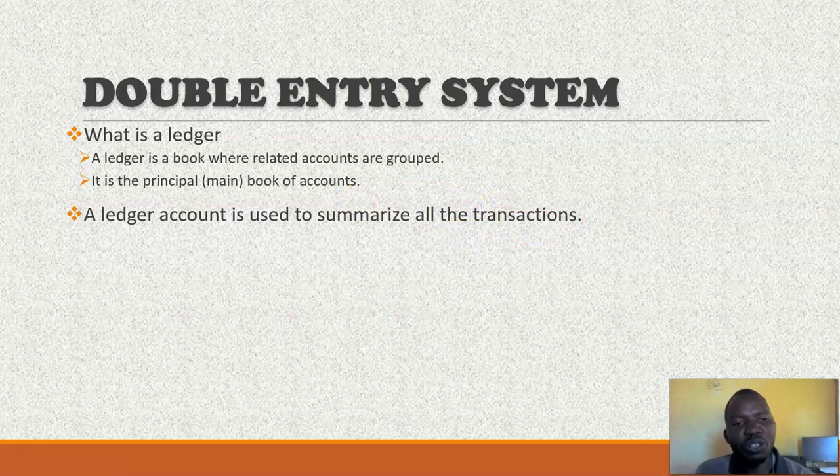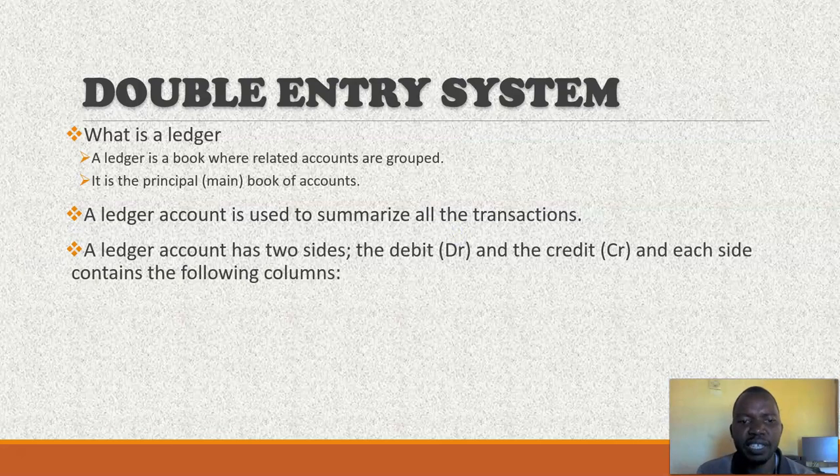Now that we know what a ledger is and what its use is, let's look at what makes up a ledger. A ledger account has two sides, the debit side and the credit side.